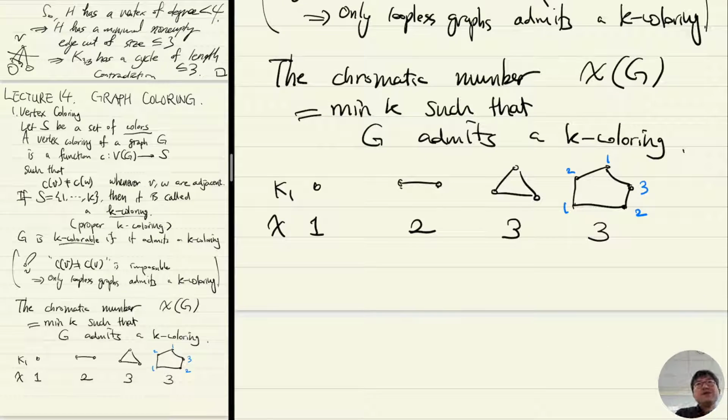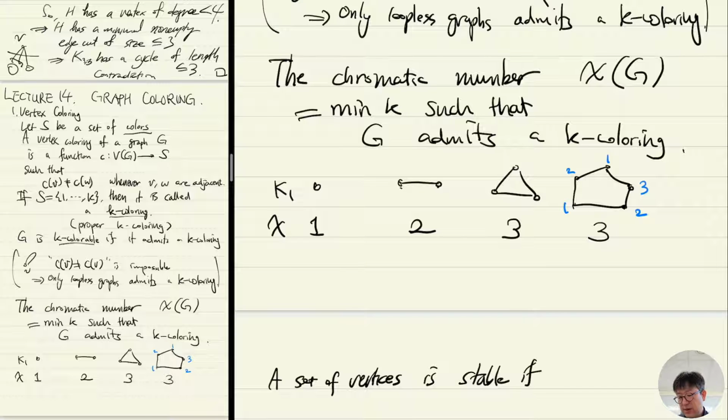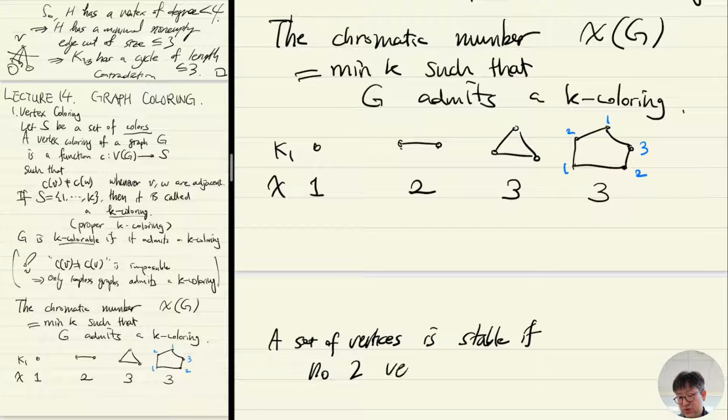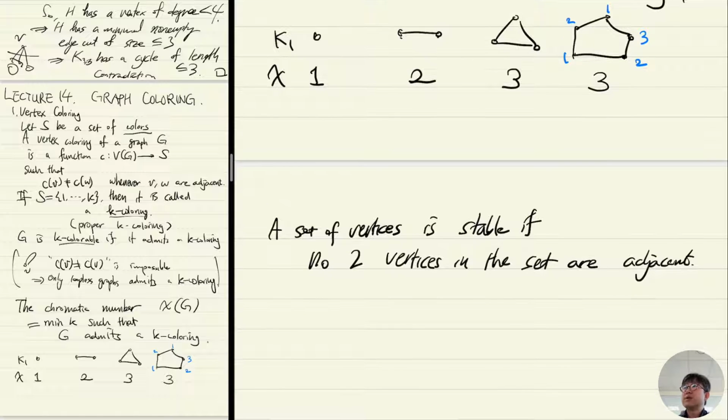Another way of looking at the chromatic number is by thinking of it as a partition of the vertex set into stable sets. What is stable? A set of vertices is stable if no two vertices in the set are adjacent. So the chromatic number is at most K, which is the same as saying G admits a K coloring.